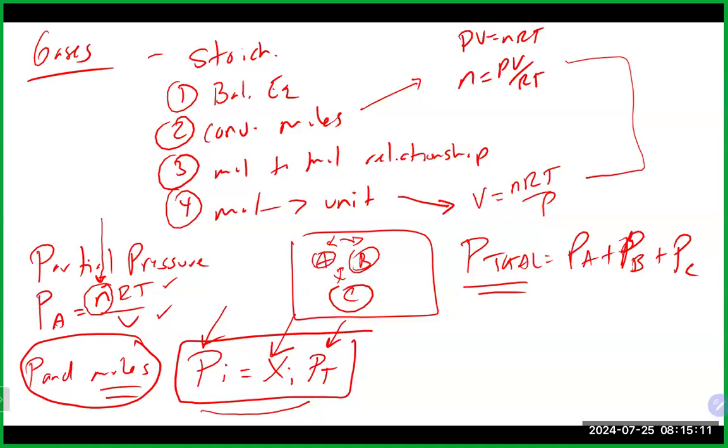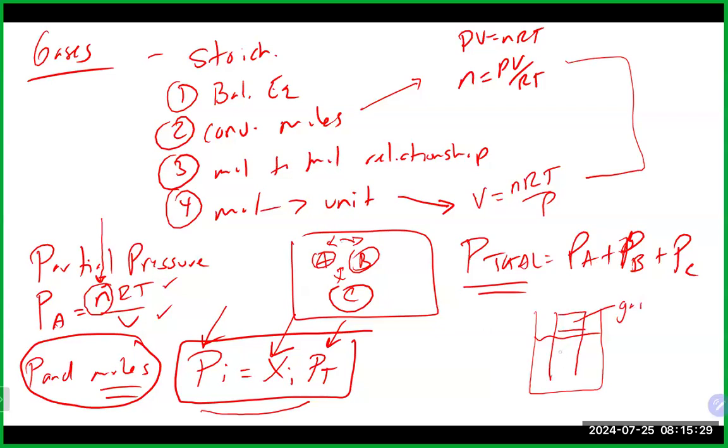And probably the last type of partial pressure that we talked about, which is a very common situation, especially in the laboratory, is when you're collecting a gas over water.